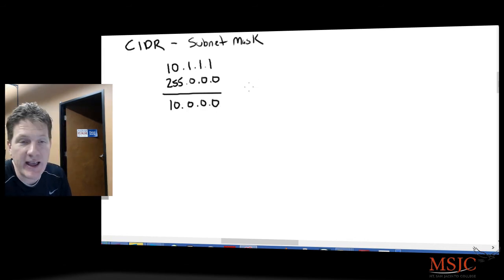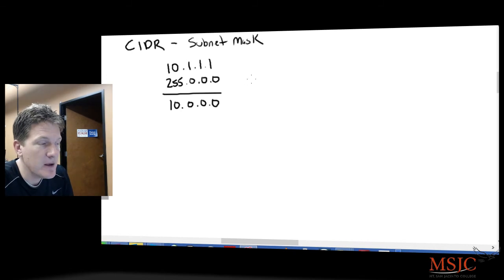I showed you how to AND last time. 10.1.1.1, when ANDed with 255.0.0.0, gives the network ID 10.0.0.0. So we no longer look at the first few bits of the address. We now use the subnet mask to determine the destination network. This is the primary difference between CIDR and classful schemes.